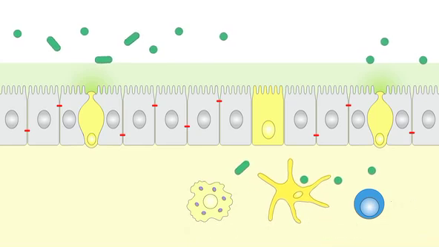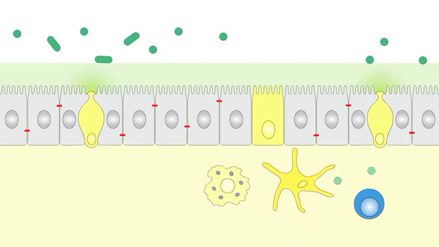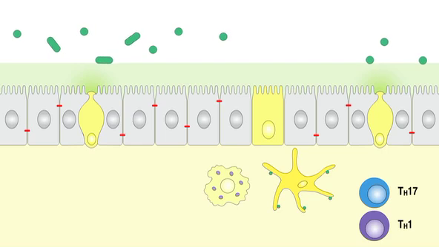The stronger stimulation of dendritic cells and macrophages leads to the production of cytokines such as IL-6 and IL-12. Antigen presentation by dendritic cells to T cells causes the differentiation of naive T cells into the pro-inflammatory Th1 and Th17 subsets. The inflammatory activity of these subsets contributes to the development of the granulomatous inflammation characteristic of Crohn's disease.